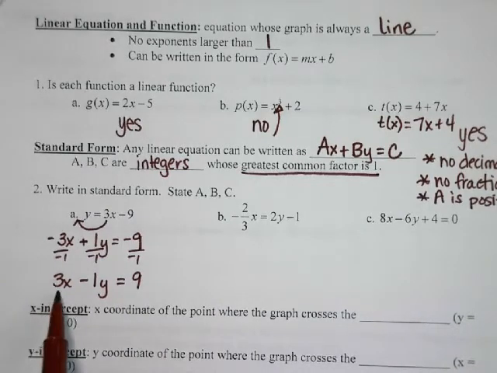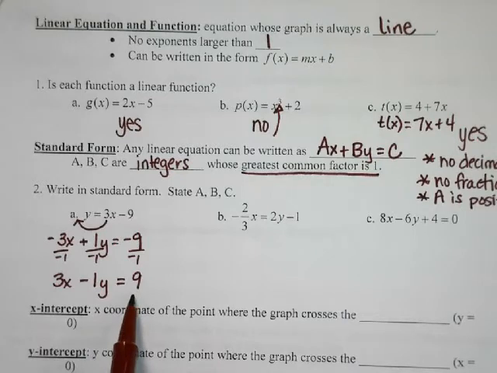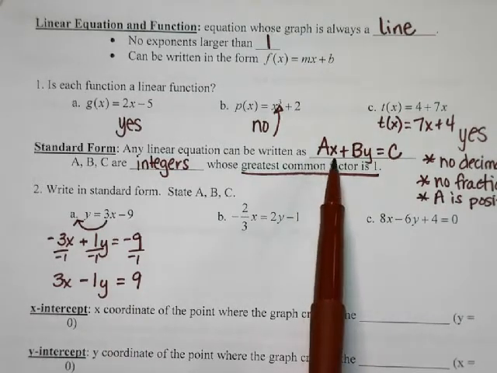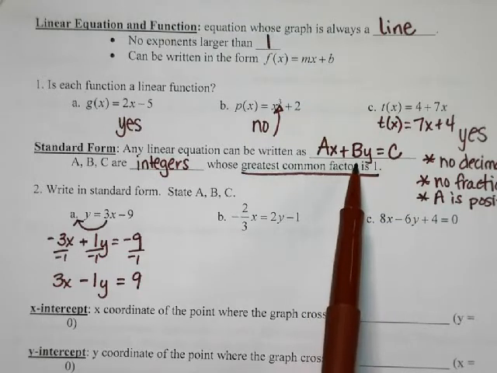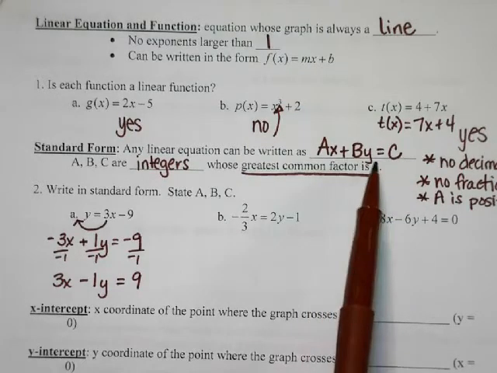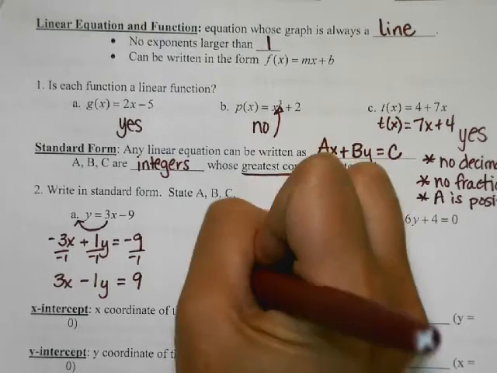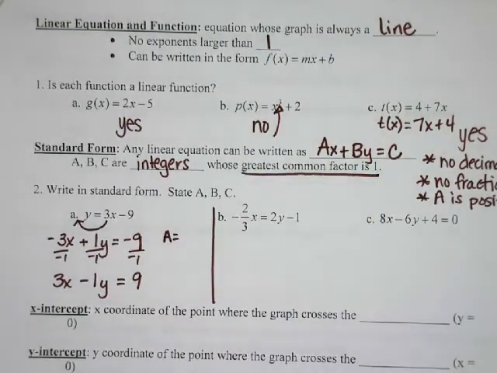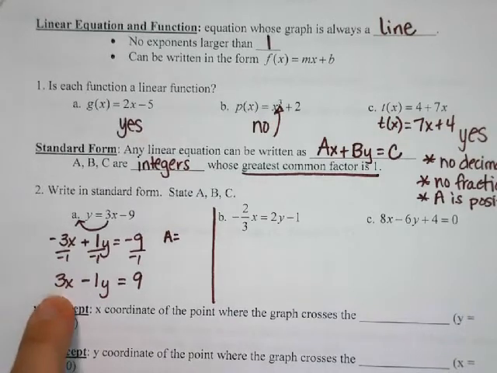So I have both of my variables on the left-hand side. My constant is on the right-hand side. A is the coefficient of x, B is the coefficient of y, and C is my constant. So what's A? Three.